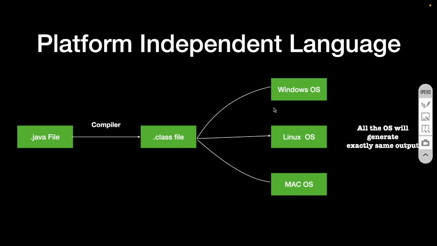Okay, so maybe they can run on Windows operating system, some can run on Linux operating system, or maybe the Mac operating system. Okay, so same .class file will work for all of this. Okay, so you are writing your code once and you are giving that file to anyone and you can just run it anywhere. Okay, so that is the platform independent meaning. Okay, so Java is a platform independent language.